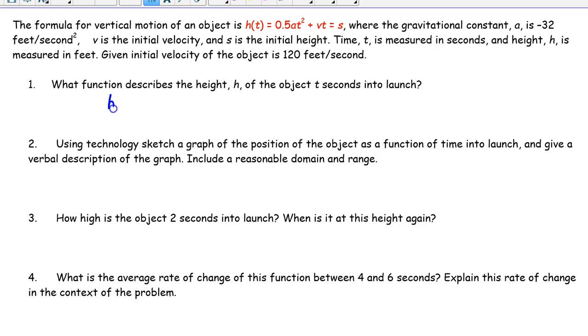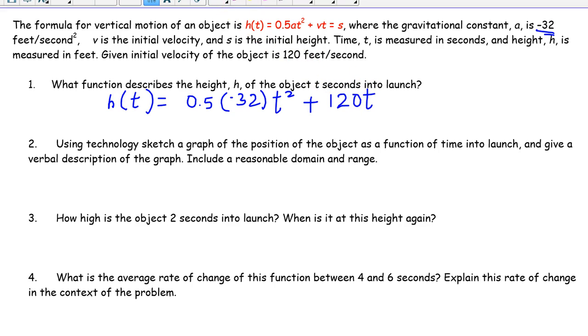Now h of t is equal to 0.5 times a, which is negative 32, so we write negative 32 times t square, plus v times t, and v is 120, the initial velocity, times t.